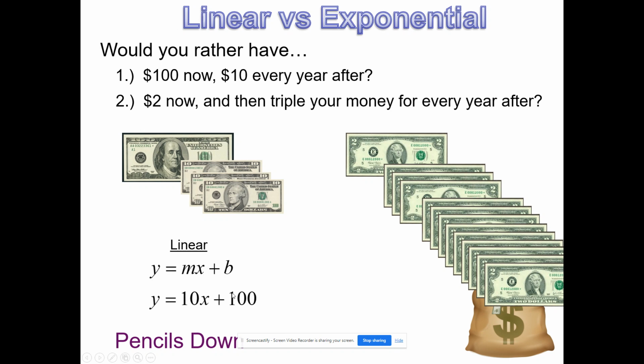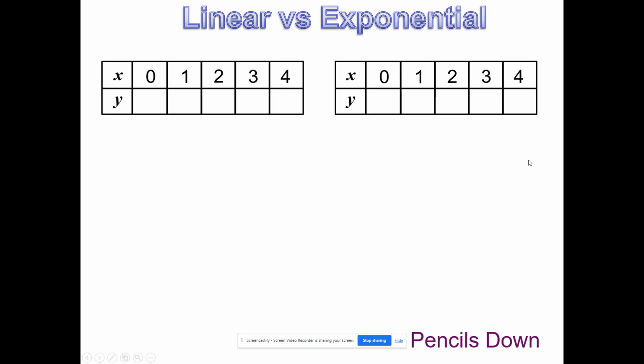We're starting with the y-intercept, $100, and then $10 every single year. As opposed to the exponential, where the initial value is $2, and we're going to triple it every year beyond that.